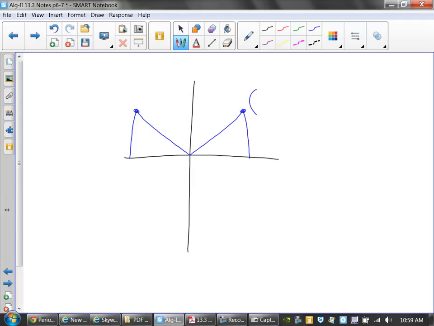When we take this ordered pair here, it's a positive x and a positive y. Agreed? When we flipped it to the second quadrant, it became negative x and positive y.